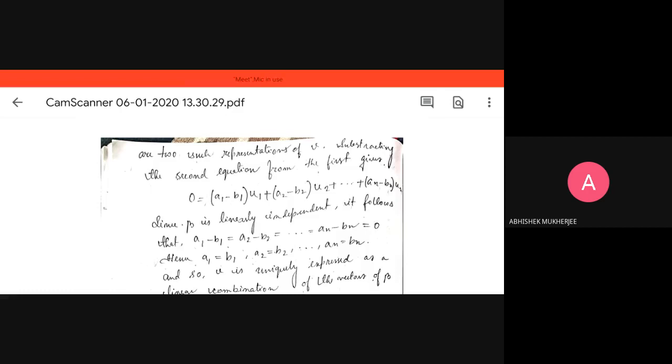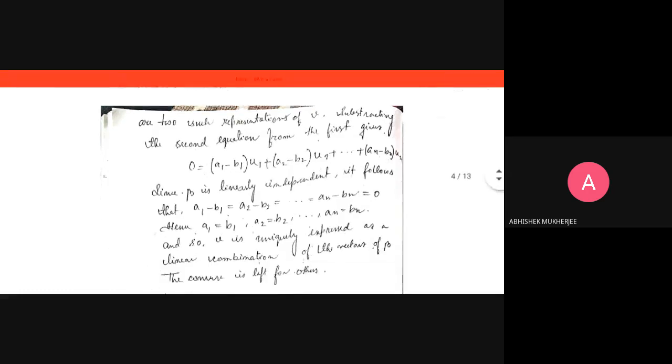Now, subtracting the second equation from the first, we get that 0 equal to (a1 minus b1) u1 plus (a2 minus b2) u2 plus dot dot dot plus (an minus bn) un. This is the obvious thing. And since beta is linearly independent, we can easily say that a1 minus b1 equal to a2 minus b2 equal to dot dot dot equal to an minus bn, which is equal to 0.